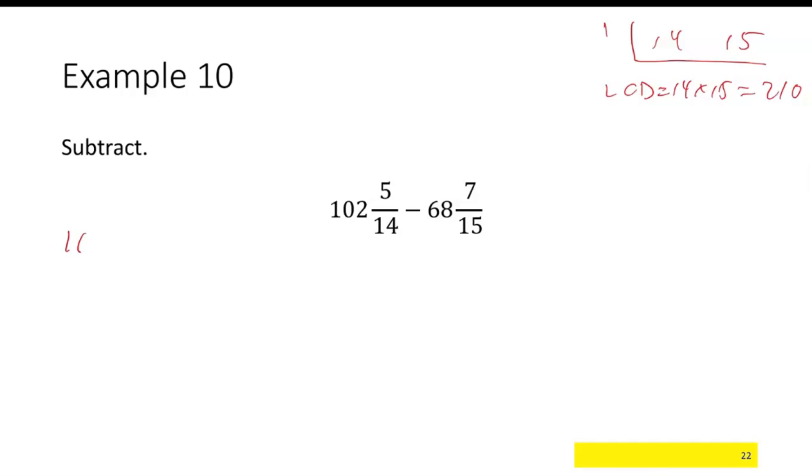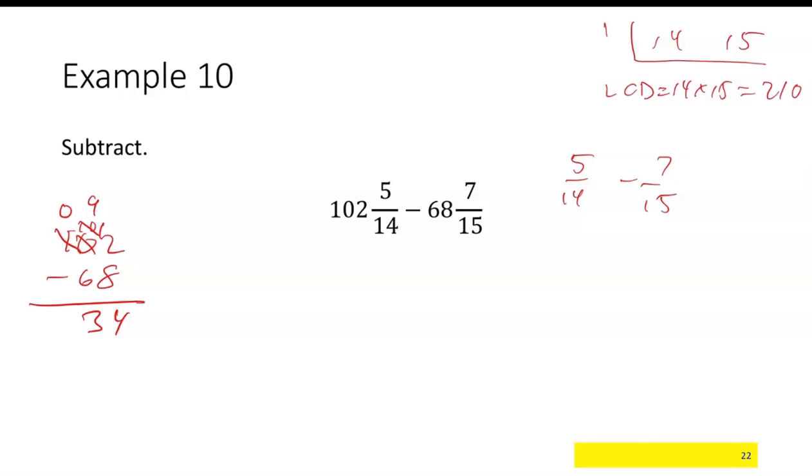So I would do the 102 minus 68 on the side, and then I would want to find 5/14 minus 7/15. For 102, I would need to borrow. 12 minus 8 is 4. 9 minus 6 is 3. So we got 34 there for the whole number part.